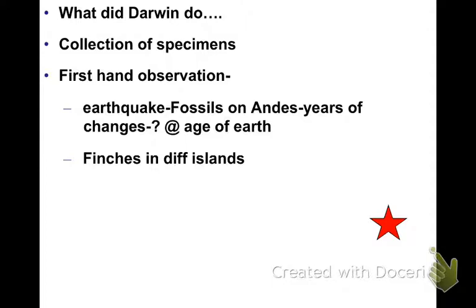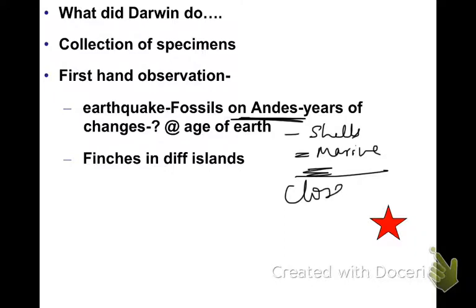He collected specimens, like I had explained, and he also had first-hand observation. Observation of what? He actually experienced an earthquake, and he was in the Andes Mountains at that time. When he experienced the earthquake in the Andes Mountains, he saw fossils with shells and marine creatures, and there was no way that they were close to the sea. They were not close to the sea at all.